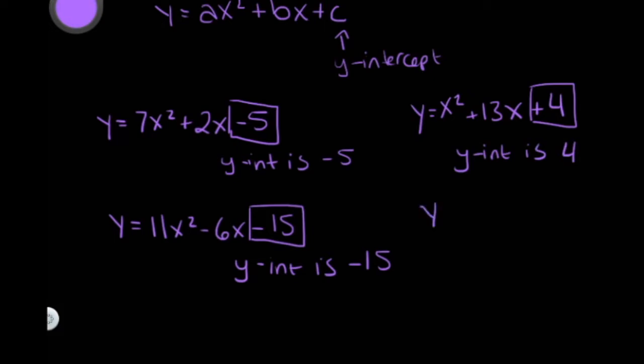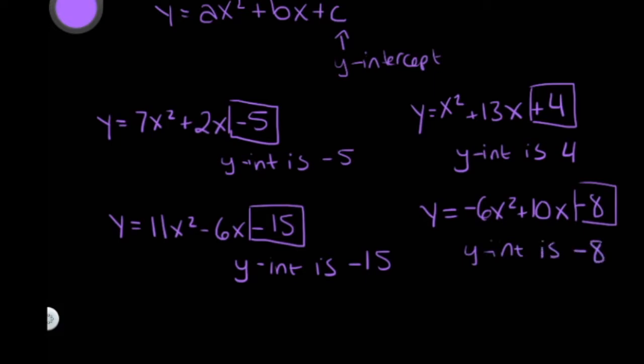And y equals negative 6x squared plus 10x minus 8. Again, you guessed it, right here, the y-intercept is negative 8. So whatever the c term is in our relation is our y-intercept.